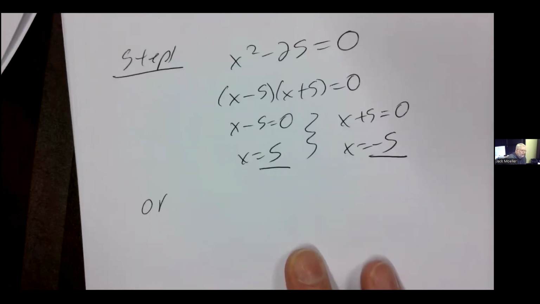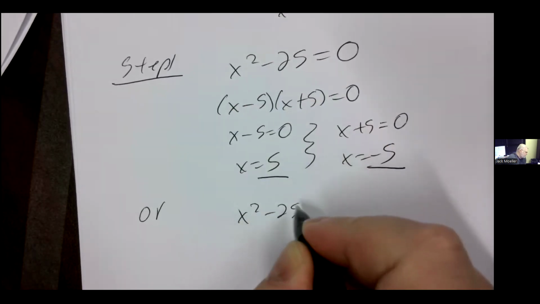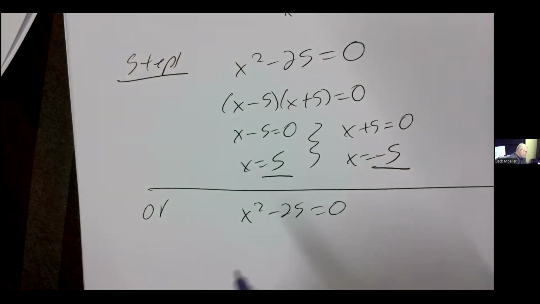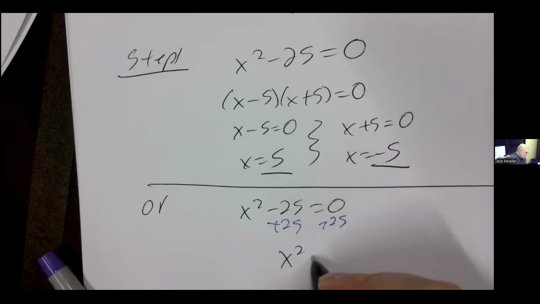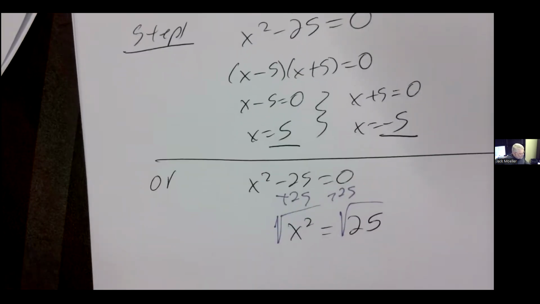Or some of you are going to probably do the square root property. So you're going to add 25 to both sides. And now how do you solve for x? Square root both sides. And some of you are going to remember why I don't like this, because what do many of you forget?